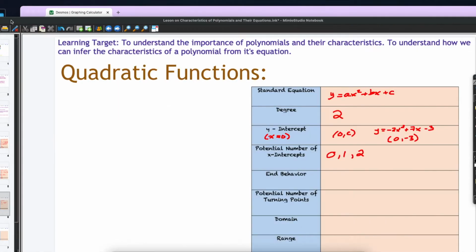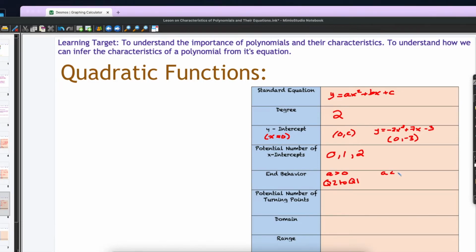So if we come back to our table, our end behavior, if A, again, I'm going to say A being the lead coefficient, if A is positive, the quadratic is opening upward, and so it's going to come from Q2 and go to Q1.